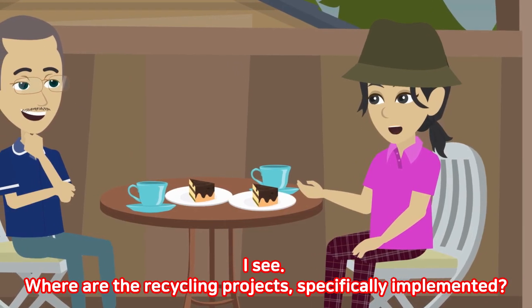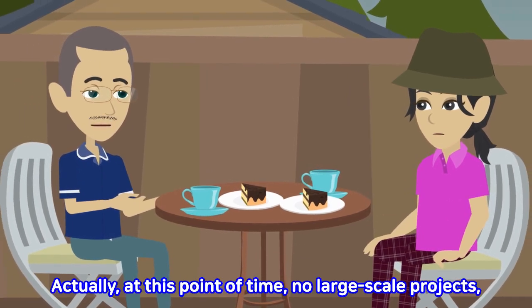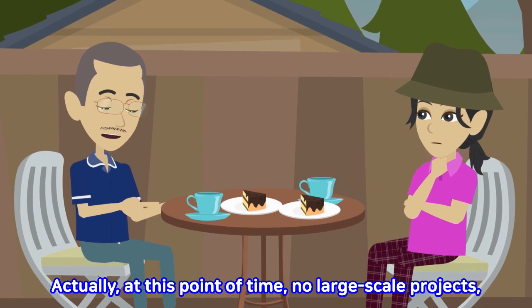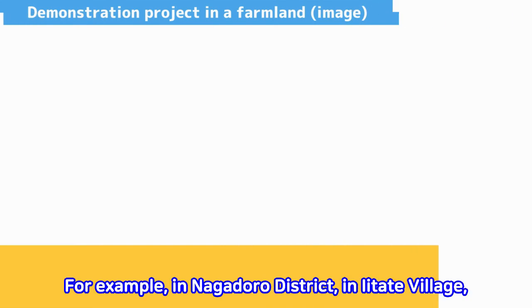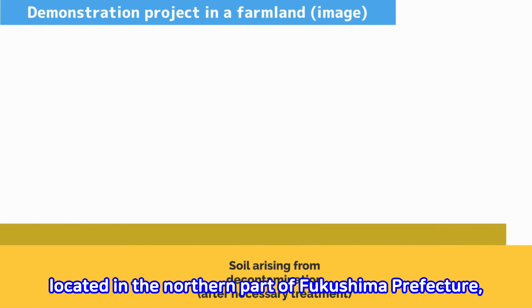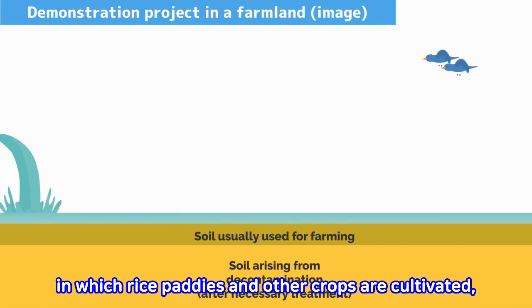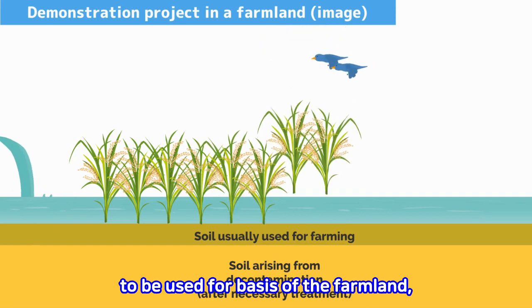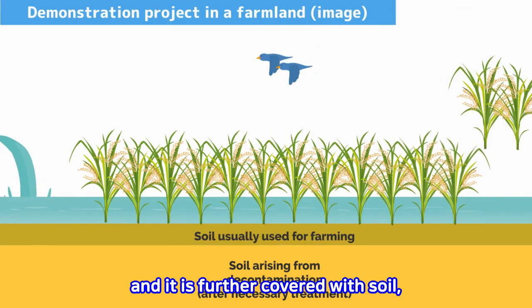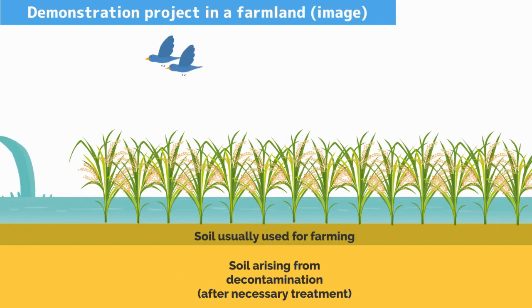I see. Where are the recycling projects specifically implemented? Actually, at this point of time, no large-scale projects, but instead only demonstration projects are implemented. For example, in Nagadoro district, in Iitate village, located in the northern part of Fukushima prefecture, a demonstration project has been implemented, in which rice paddies and other crops are cultivated on the soil arising from decontamination activities, to be used for the basis of the farmland, after necessary treatment, and it is further covered with soil, which is usually used for farming.